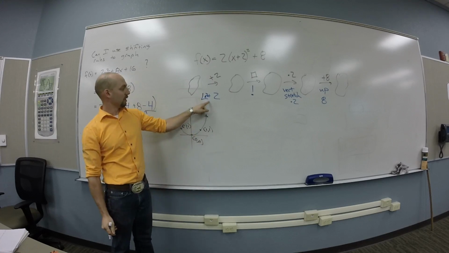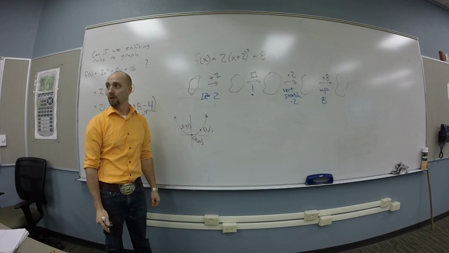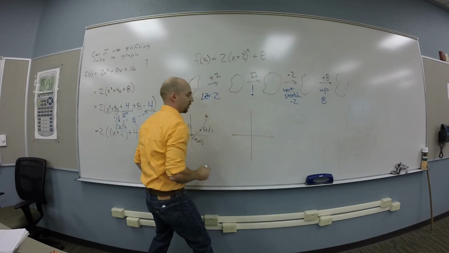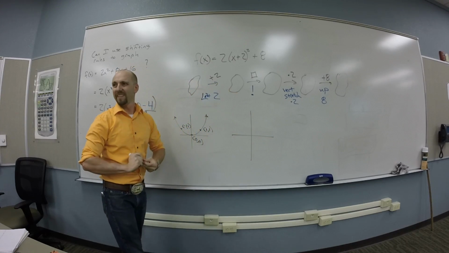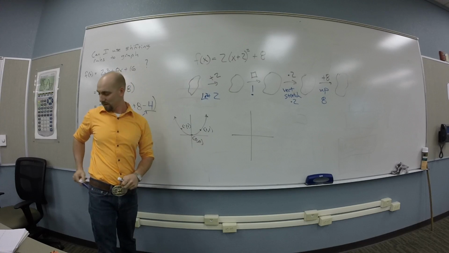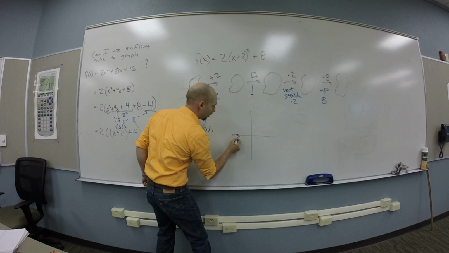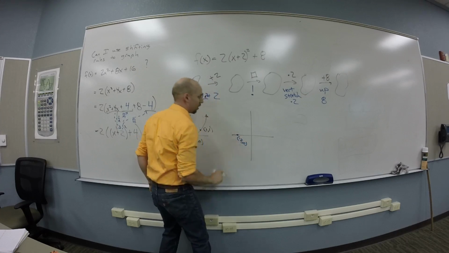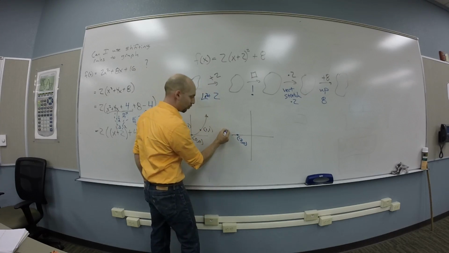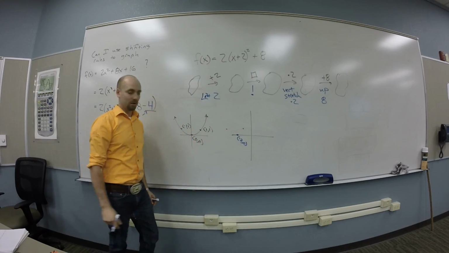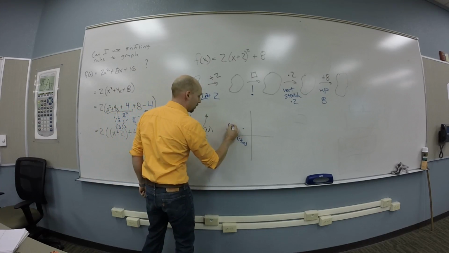Then I move it left 2, right? So now it'll go through minus 2, 0. Okay, so my vertex will be at minus 2, 0.